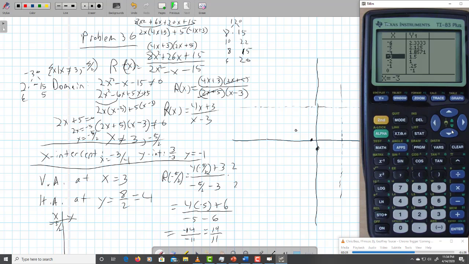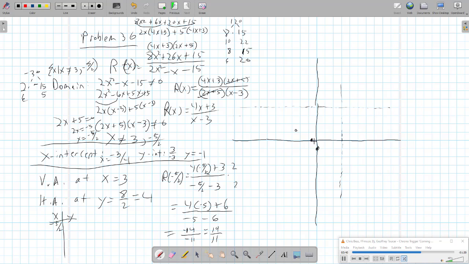I'm going to start off to the left of the vertical asymptote. So we have 2, -11. So 2, -11 is down there. We have 1, -3.5. So honestly, you can already tell that part pretty well.